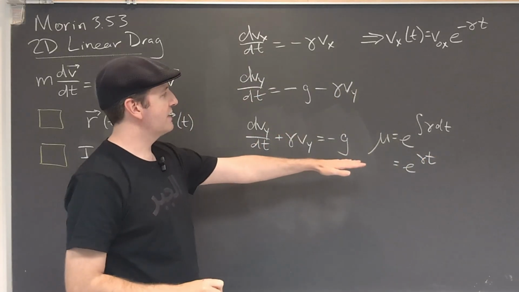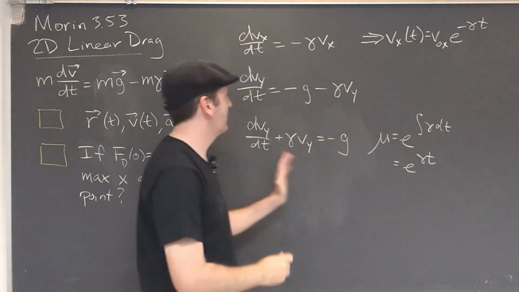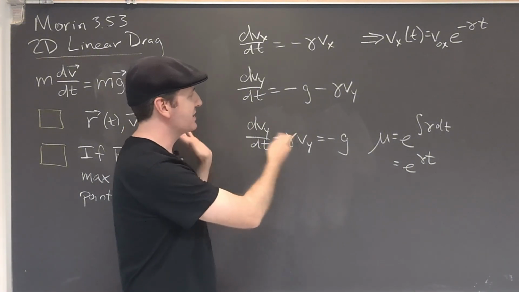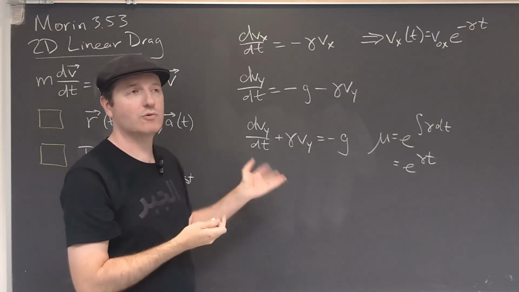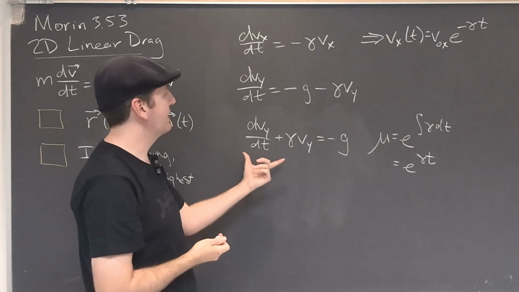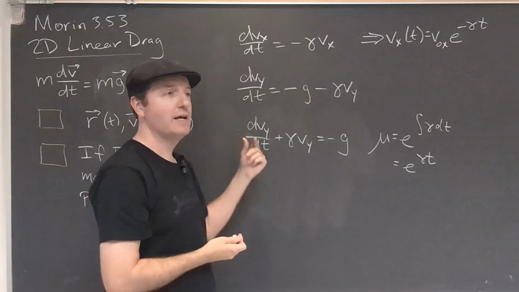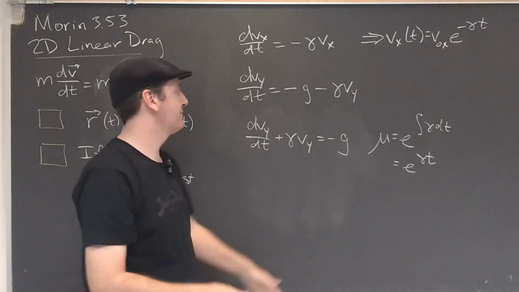So if I multiply both sides of my equation by this integrating factor, the left-hand side will become basically a differentiation by parts, or I should say a product rule. So we can combine them back together and then integrate both sides.